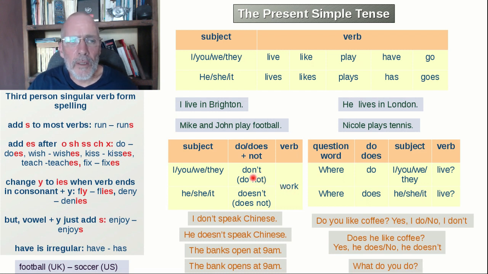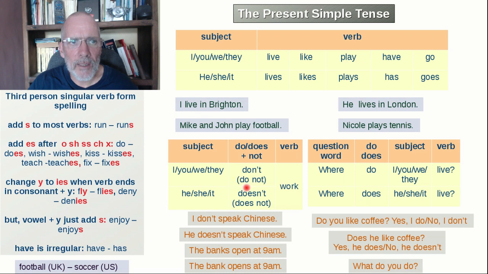Now before we continue, it's very important to look at these contractions, because native speakers, when we speak, we do not normally use the full form, as I just did. We normally say, I don't work, or you don't work, we don't work, they don't work.